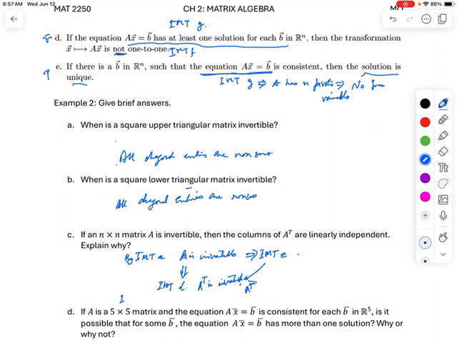Looking at the next part, if A is a 5 by 5 matrix and the equation AX is equal to B is consistent for each B in R5, is it possible that for some B, the equation AX is equal to B has more than one solution? Why or why not? Okay.